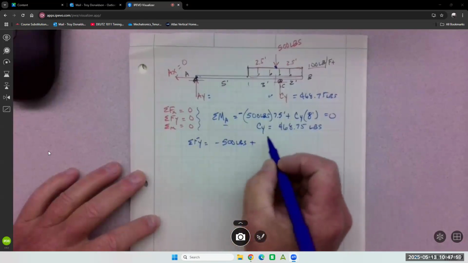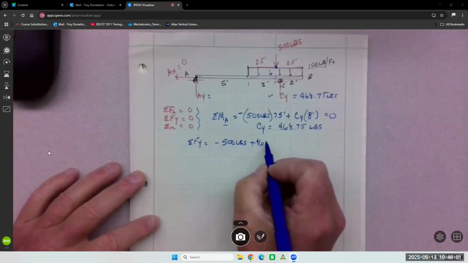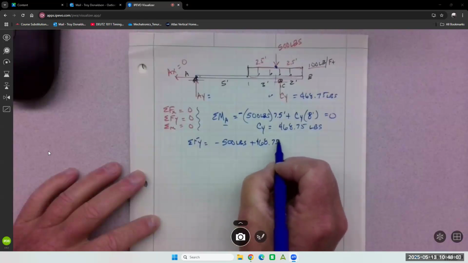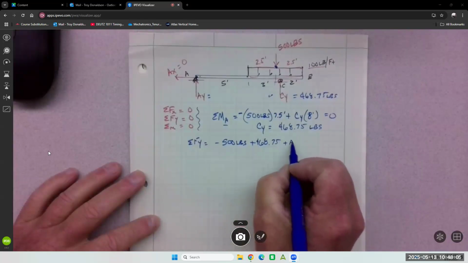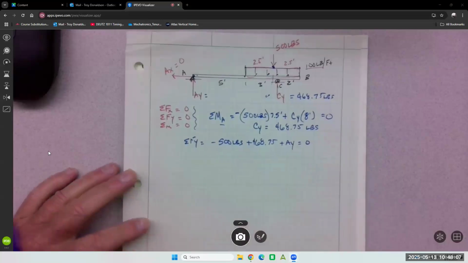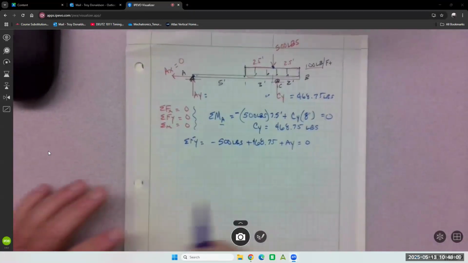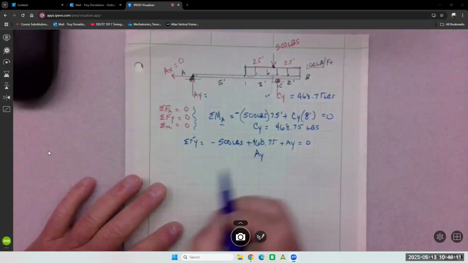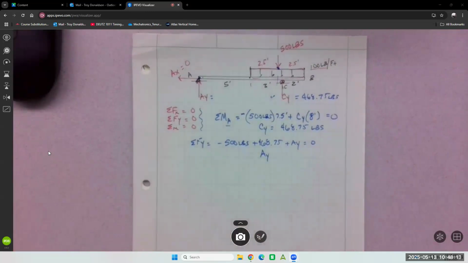So 500 goes down, the 468 goes up, and AY goes up. And all that's equal to 0. That gives me AY at 31.25.